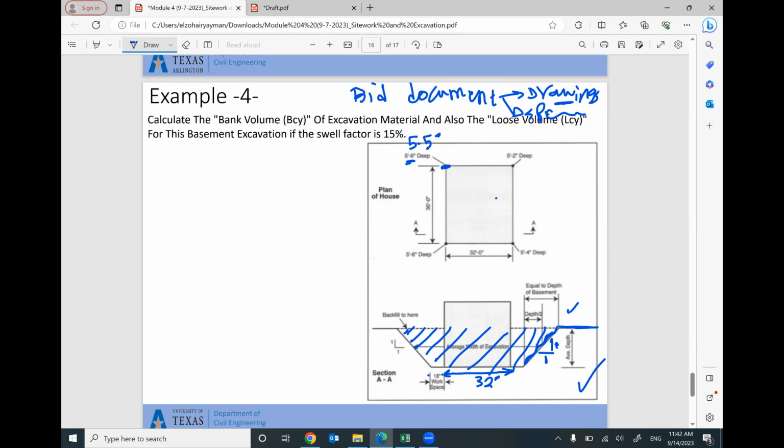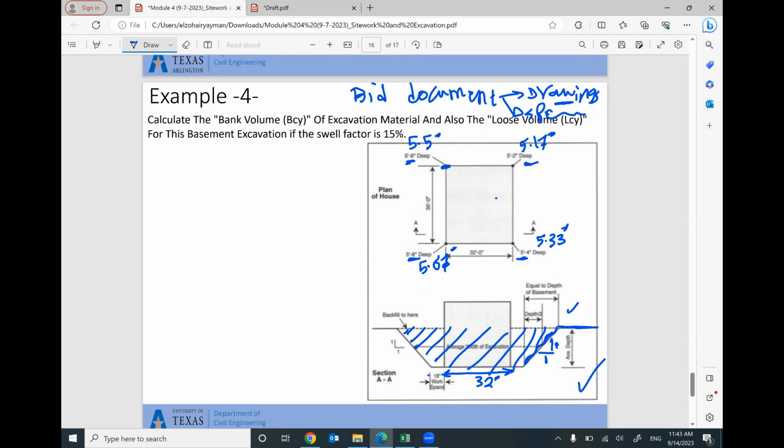5 feet and 2 inch, this one will be converted to 5.17 feet. This one will be 5.33 feet. This one will be 5.67 feet.